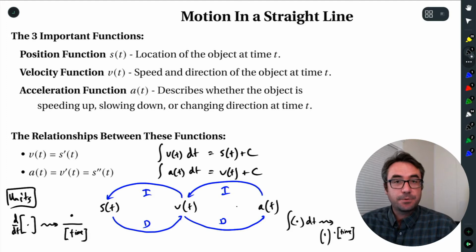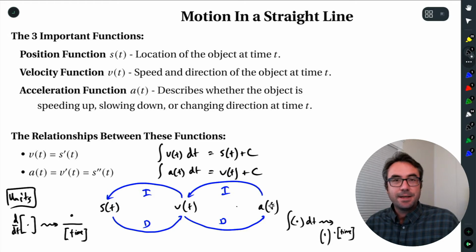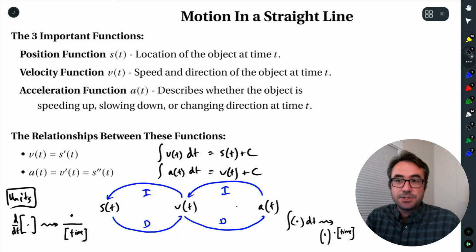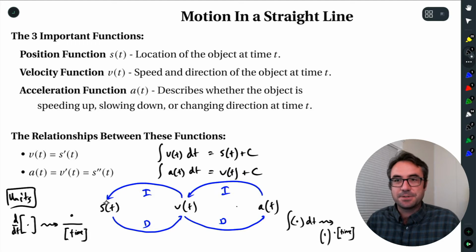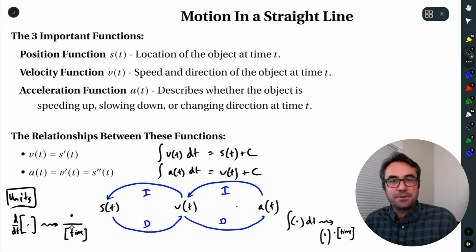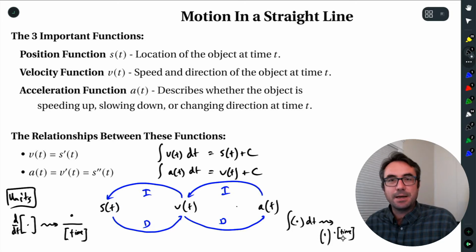So when we integrate with respect to t, that's like multiplying in another unit of time. If we're starting with velocity in meters per second and we integrate, we multiply in another unit of time. So it'll be meters per second times seconds, which is back to meters. When we differentiate, we divide by a unit of time, and when we integrate, we multiply by a unit of time.